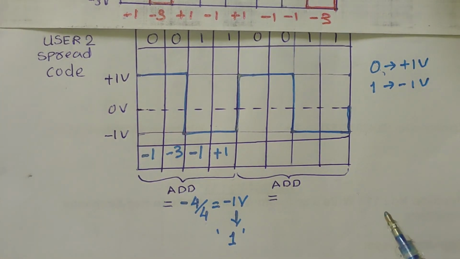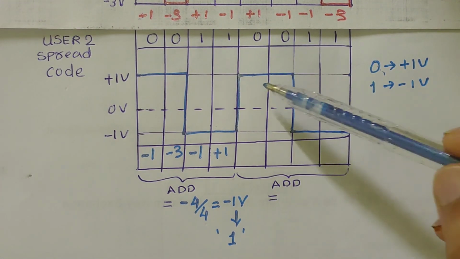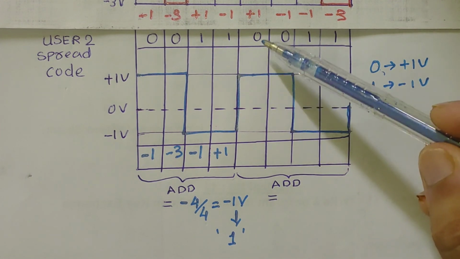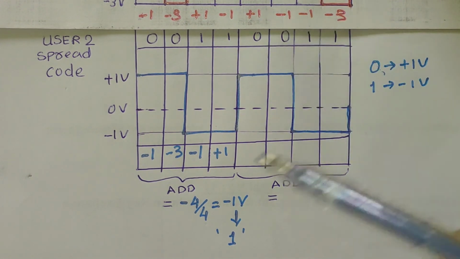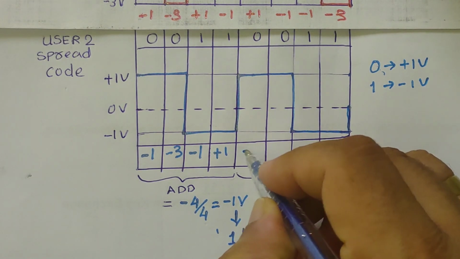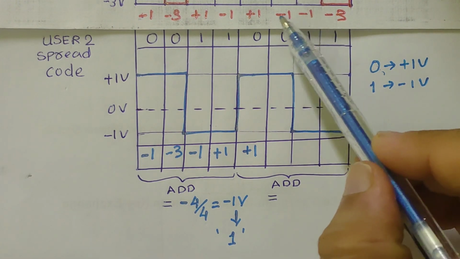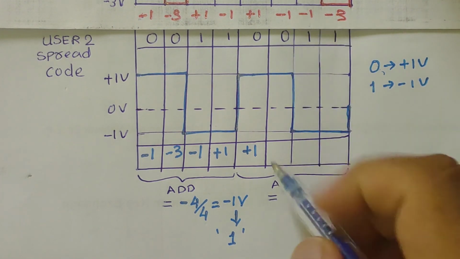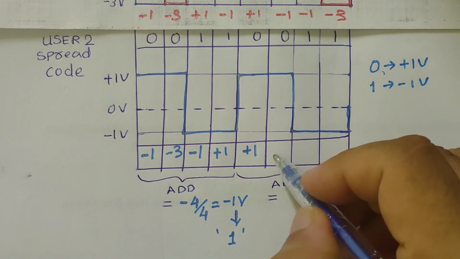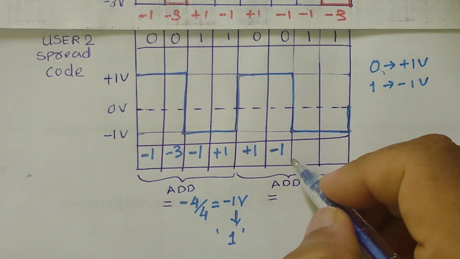Now let us do the same thing on the second part of the code. So here we are having plus 1, we want to multiply this with plus 1, that is going to give us plus 1 voltage, right? So I'm just going to write down plus 1. Then I'm going to multiply this minus 1 with plus 1, so it will be minus 1.